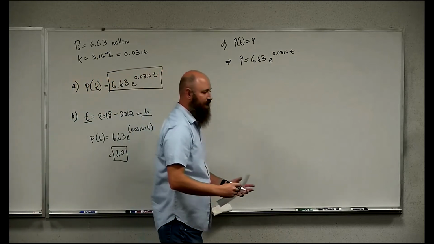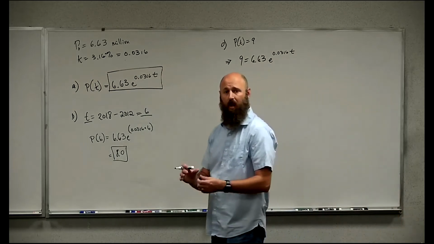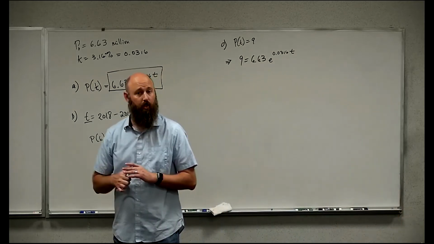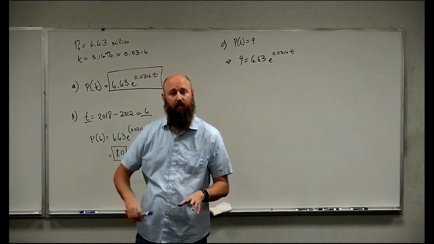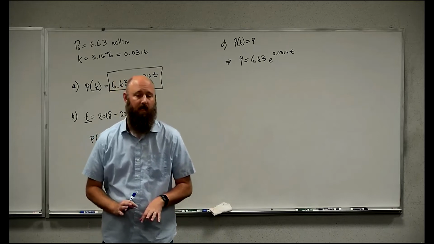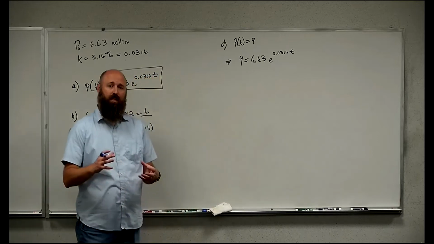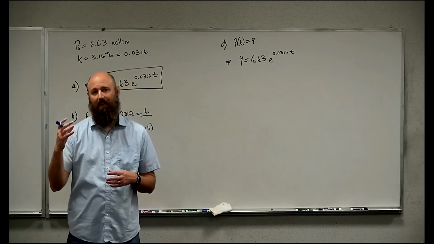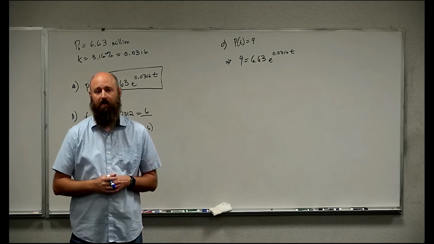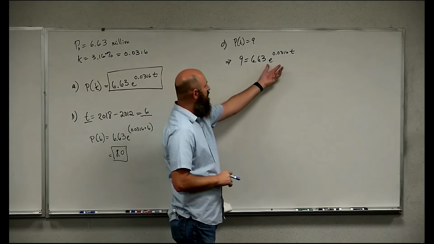Okay, now we get into a little bit more work here. So let's look at the process. Now, the process on this problem we're going to use for the rest of the day. Okay, a lot of our other problems are going to use this exact same process. So let's walk through it pretty slowly here, okay? So the first thing when we're trying to work through these, and we have a letter in the power that we need to get by itself, the first thing we need to do is we need to get E by itself.